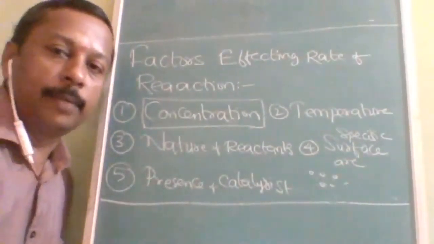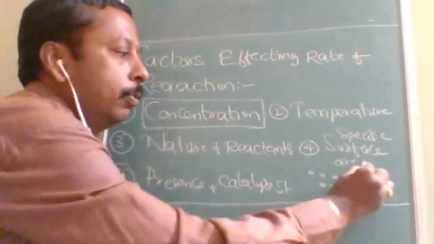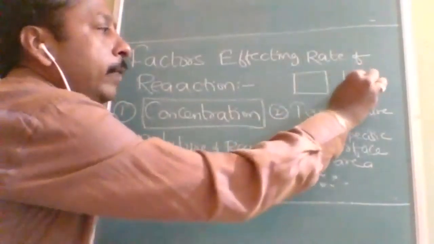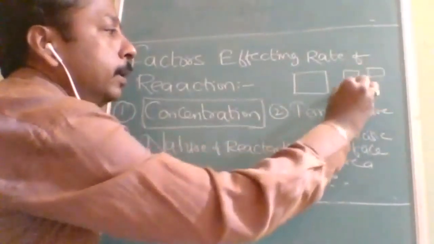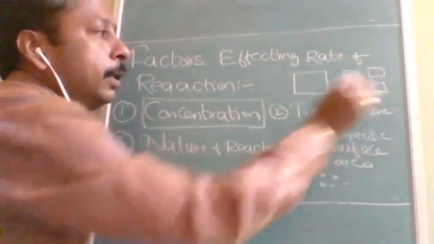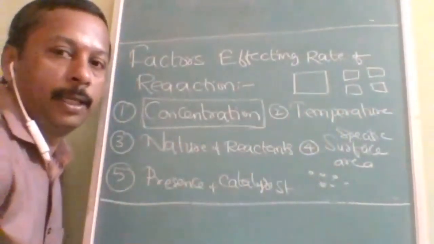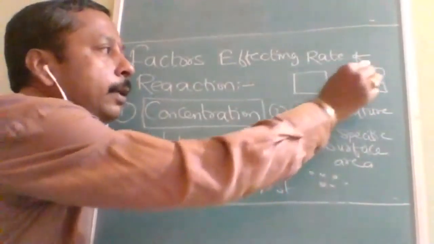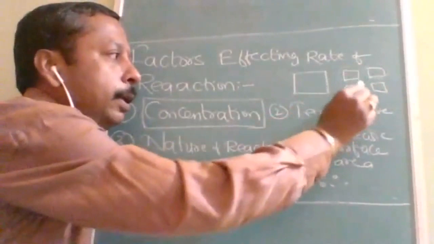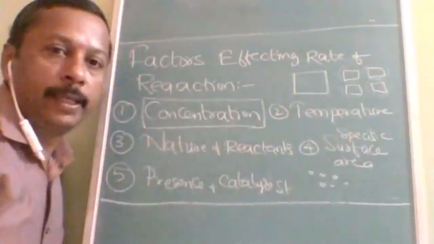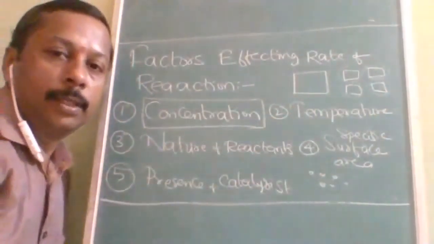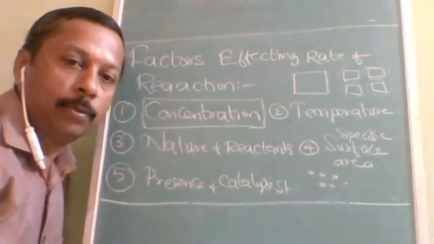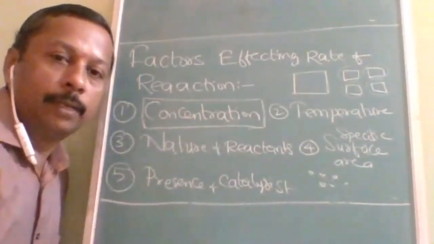Because the specific surface area is more. Suppose I take a piece like this and break it into this many pieces, then it can react faster than this one. It is the same particle, but broken into powder, so the surface area has increased. So when the specific surface area is more, the rate of reaction will be more.